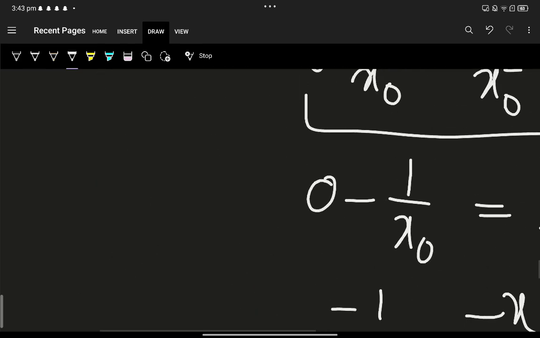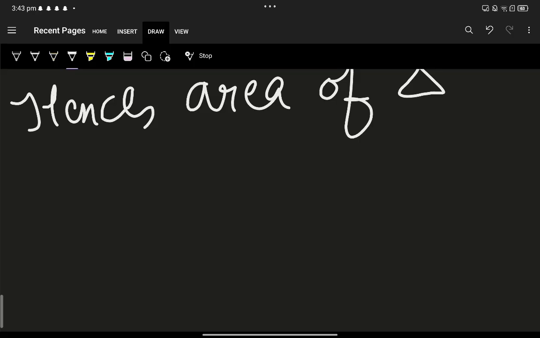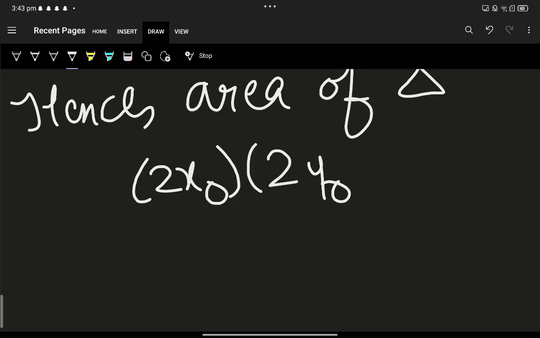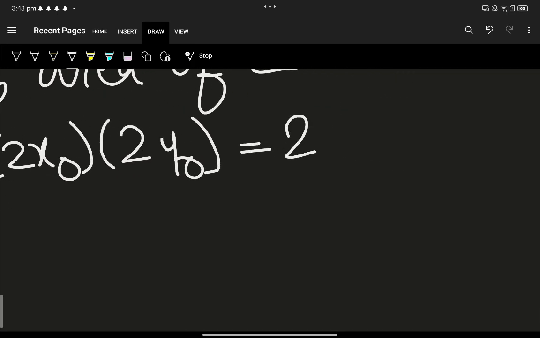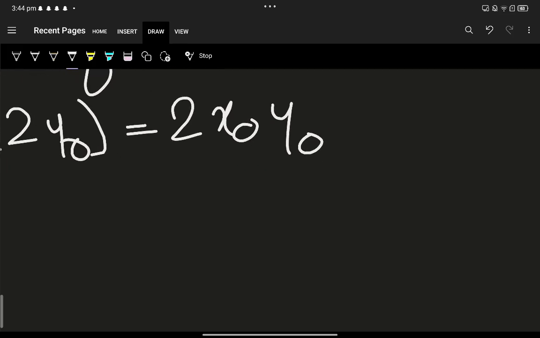The base of the triangle is basically 2x naught, and the height is 2y naught, and we are just taking the half of it, so it will be half into 2x naught into 2y naught, that is 4x naught y naught, and then it will be cancelled out, and then it will be 2x naught y naught, which will be equal to 2.